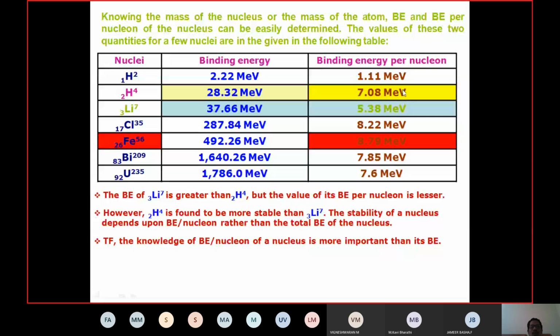So what you found from this table is that helium is more stable than lithium. So the stability of the nucleus depends upon the binding energy per nucleon rather than the binding energy. Therefore, knowledge of the binding energy per nucleon of a nucleus is more important than its binding energy.